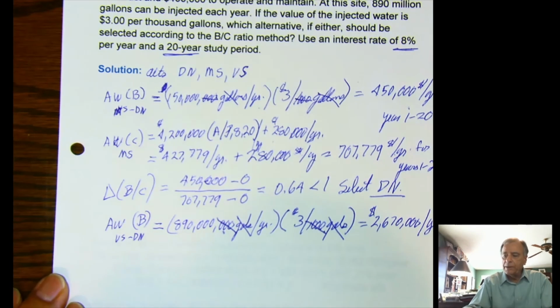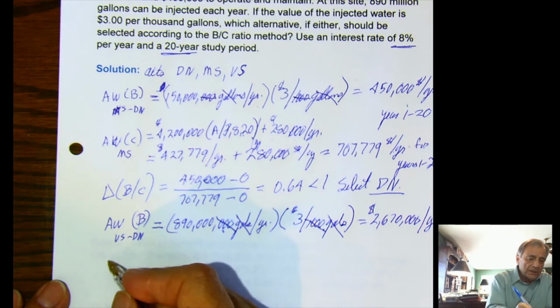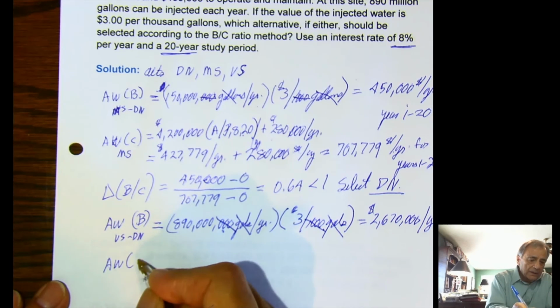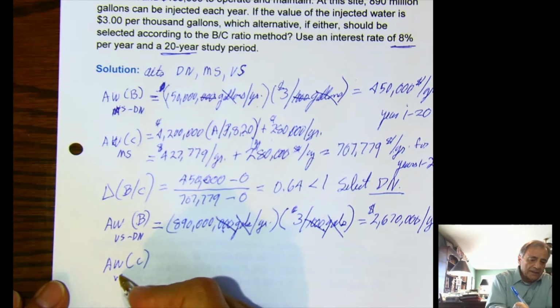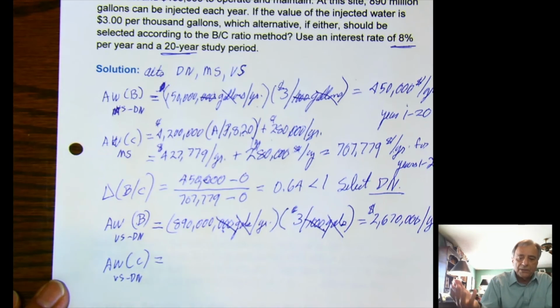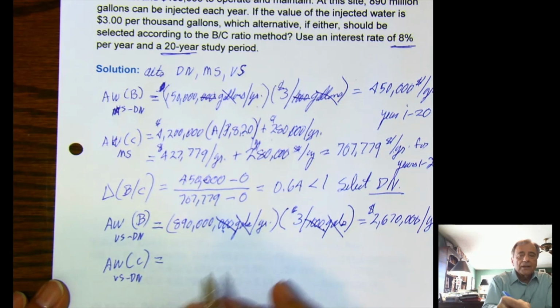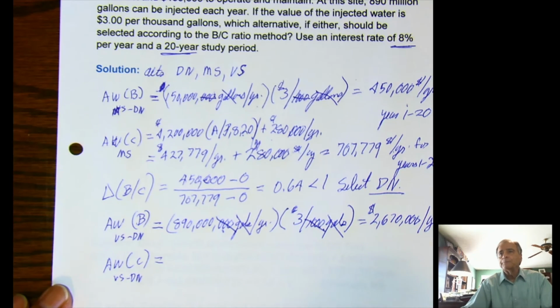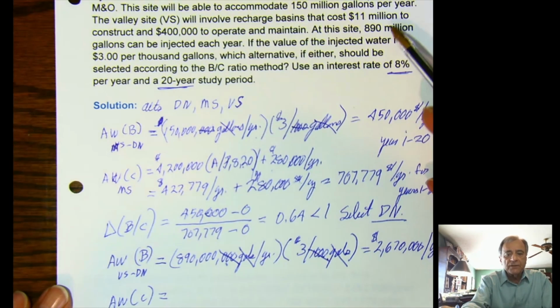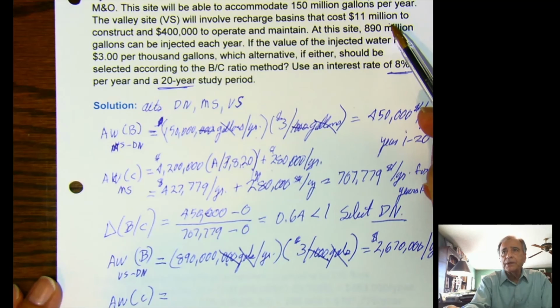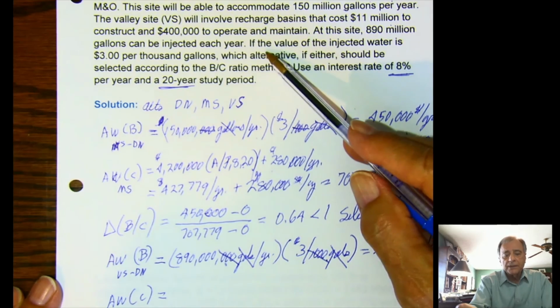And now we need to get the annual cost of the valley site minus do nothing. Well, we're just going to work with the annual cost of the valley site first. I mean, we could subtract 0 there. Okay, so the annual cost of the valley site, well, the valley site cost $11 million to build and $400,000 a year to operate.